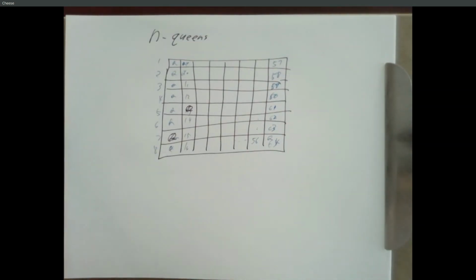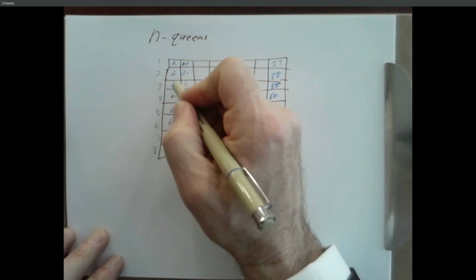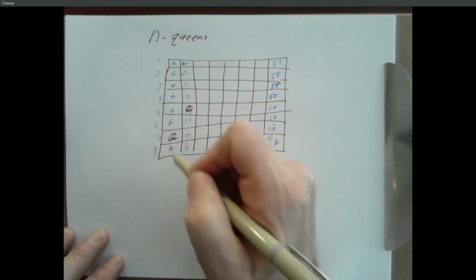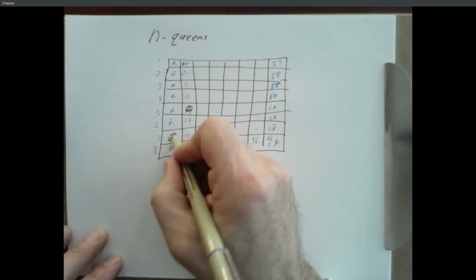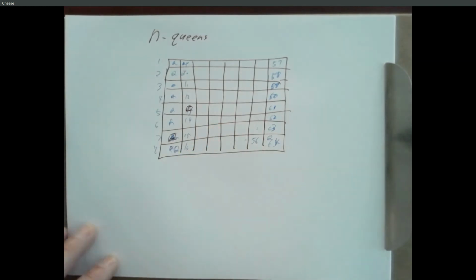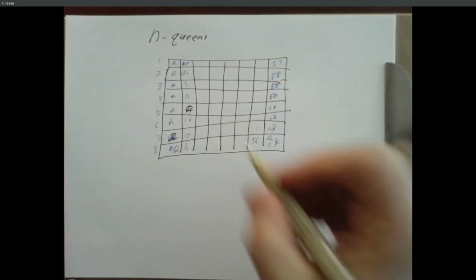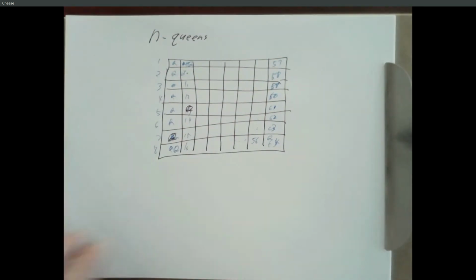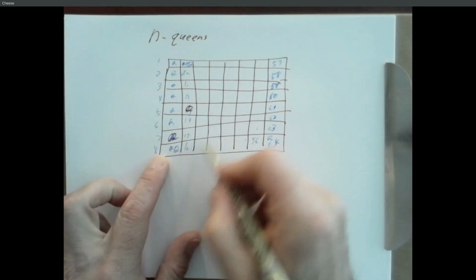So we placed queens here, here, here, here, here, here, and here. Let's take the 7th queen and let's move it down 1 spot. And then put the 8th queen in the next spot. And see if that solves it. And if not, we'll move this queen here and so on.